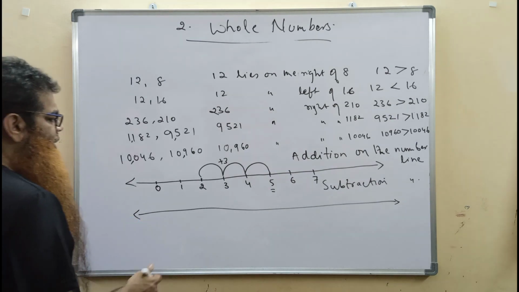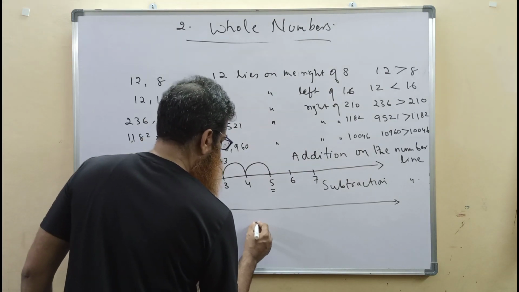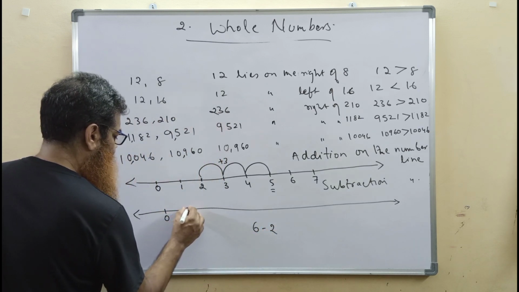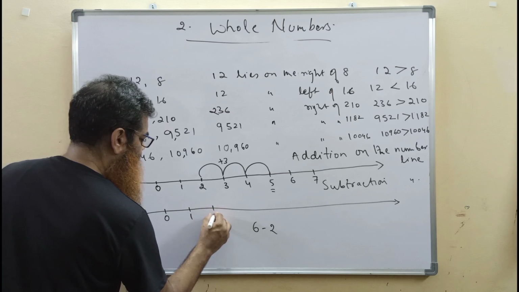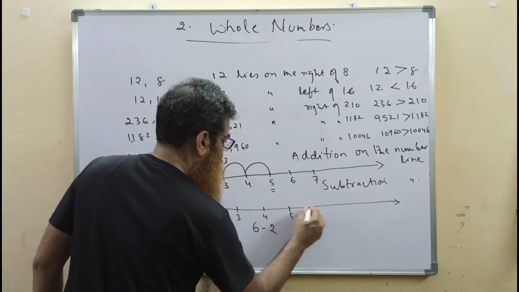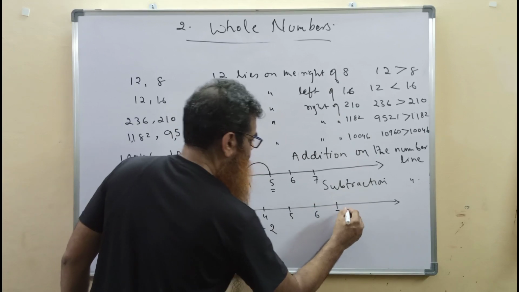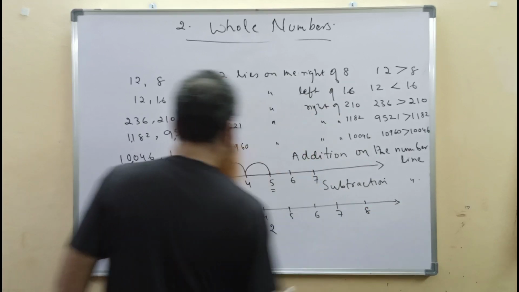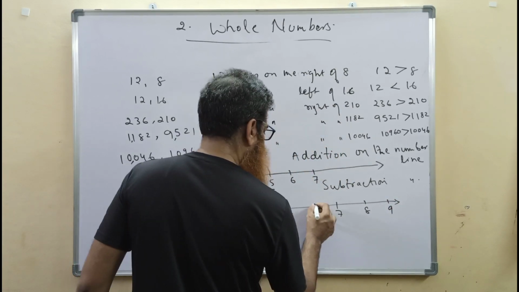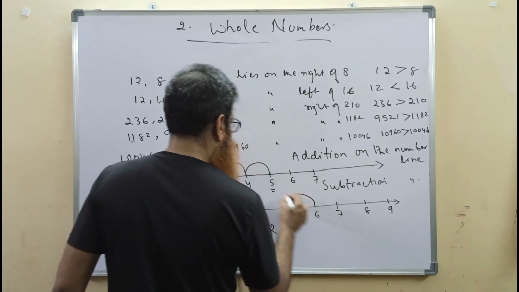Let's see the example of 6 minus 2. We have here 6, 7, 8, 9. We start from 6 and we move.